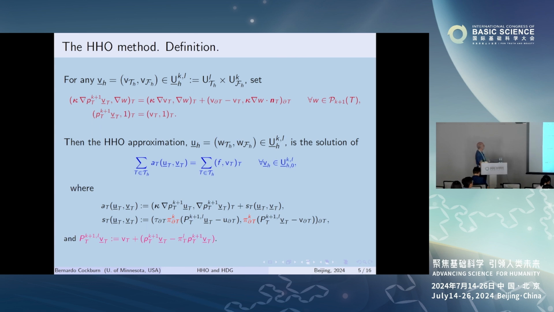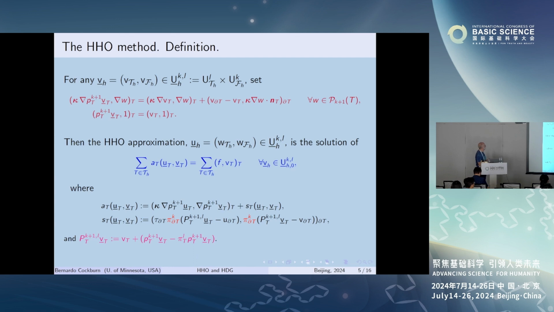So, and then we pick two spaces. One space is typically polynomials of degree l inside the elements, and polynomials of degree k on the boundaries, and they are discontinuous. They are completely discontinuous. So since they are discontinuous, this method is part of the discontinuous Galerkin methods. And so the method is defined this way.